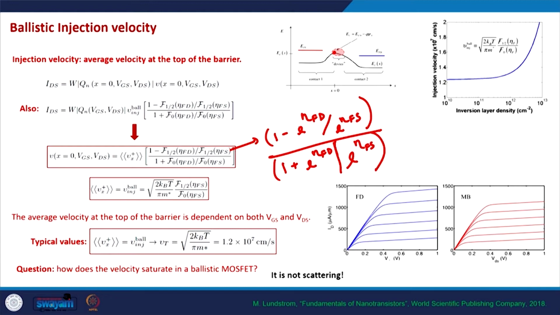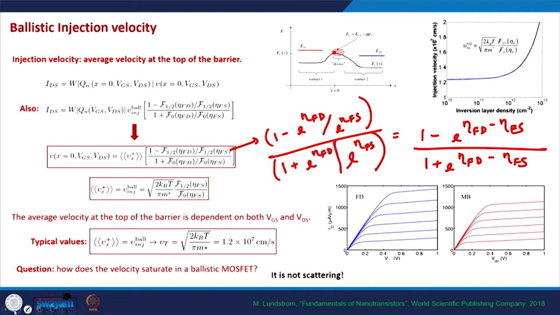So this becomes 1 minus exponential eta f d minus eta f s divided by 1 plus exponential eta f d minus eta f s.